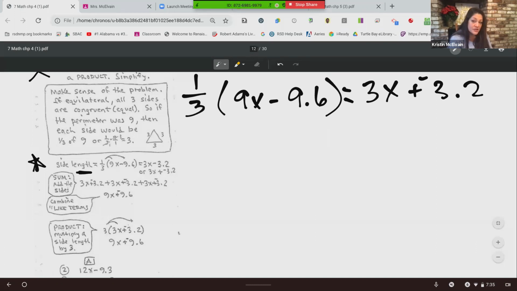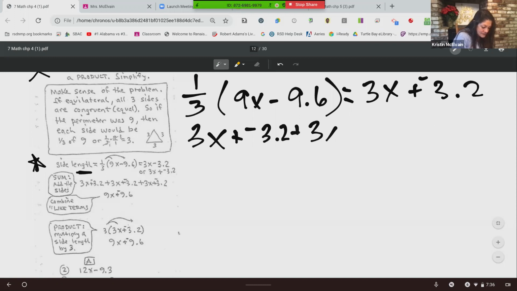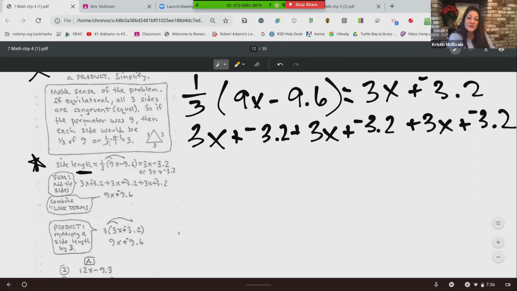So if we were to show this as a sum, we're going to show it like we're adding all 3 sides. So we would say 3x plus negative 3.2 plus 3x plus negative 3.2 plus 3x plus negative 3.2. Then we would combine like terms, all of our 3x's and then all of our constants.